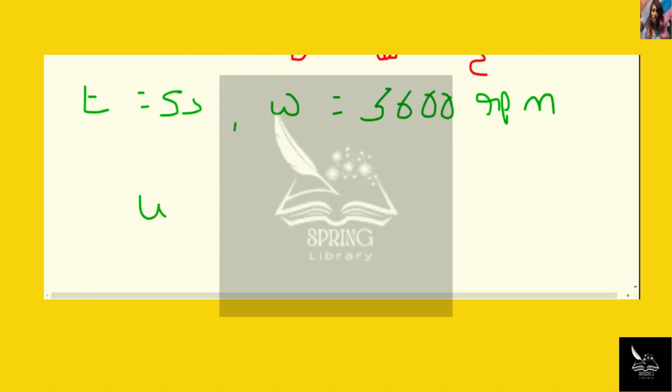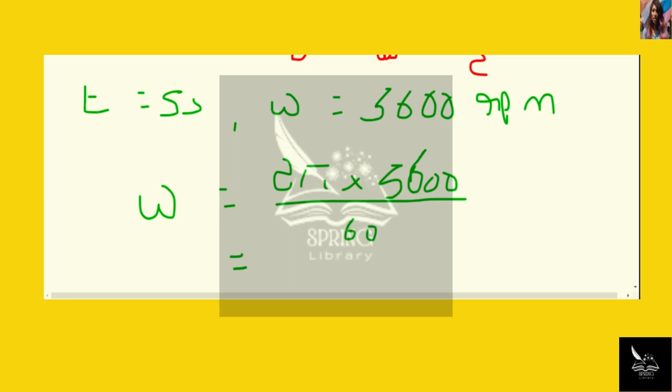So omega will be equal to 2 pi into 3600 over 60. This calculation is just to convert the time from minutes to seconds. So the answer will be 377 radian per second.